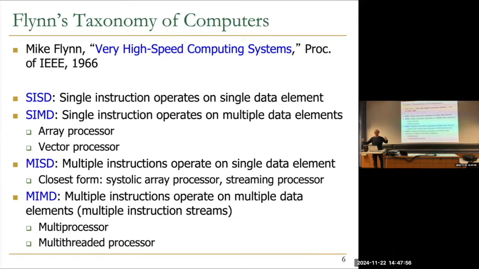Multiple operands doesn't violate this. Each of the operands that the instruction is operating on is a single piece of data. Each operand doesn't specify a million pieces of data, for example. It's just a single scalar piece of data. So this is essentially a single sequential thread as we know it today.